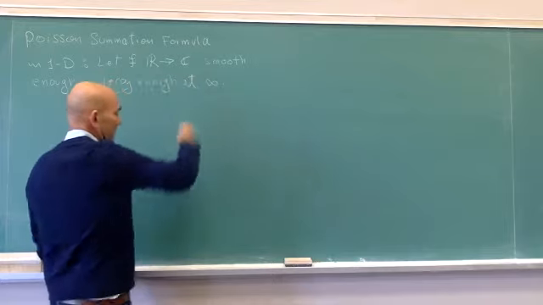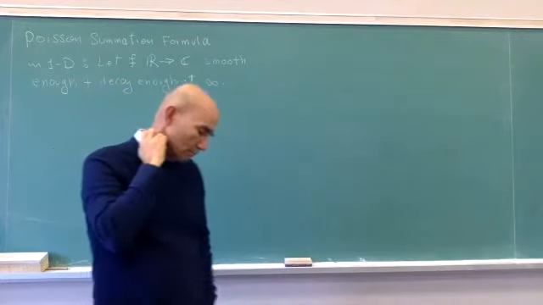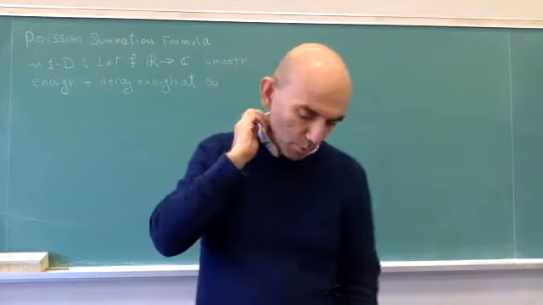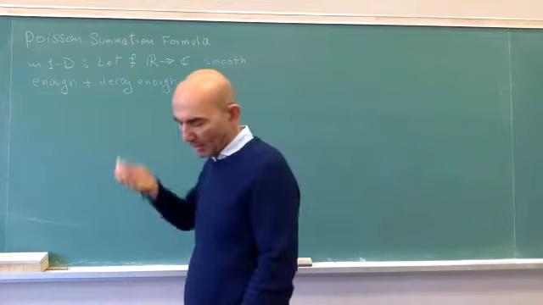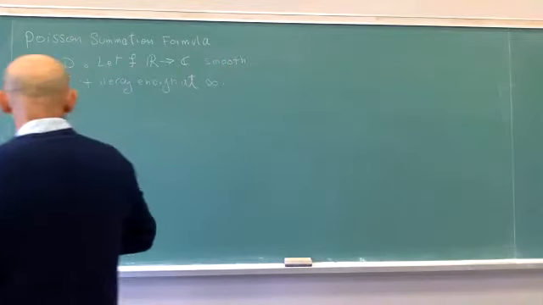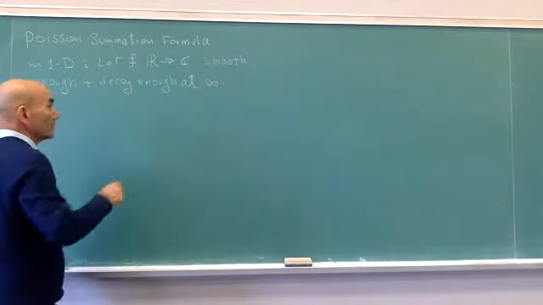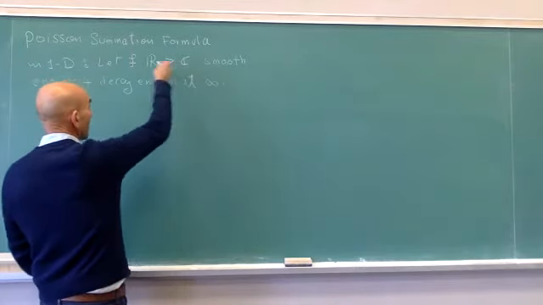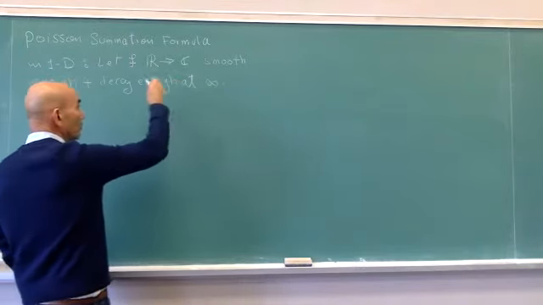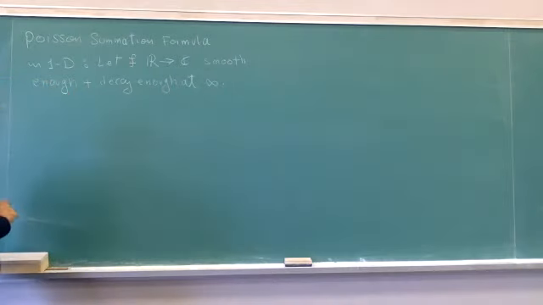You can make this more precise, but that's not the point. You can take, for example, a Schwartz class function. The arguments are exactly the same as in one dimension. The point is to understand what you can then do.